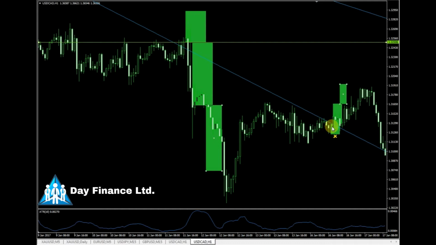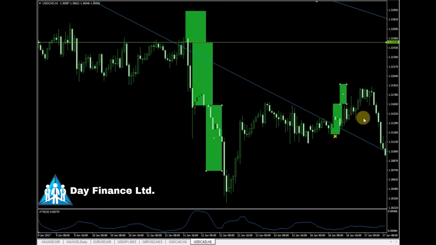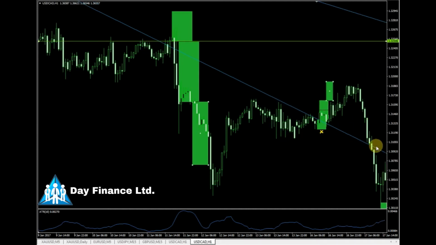However, after you get your second target, you can start trailing. So here we have a really strong move. We have also this candle here, which the close of it is under the line. Okay, is that so?